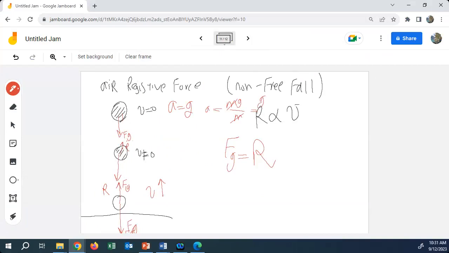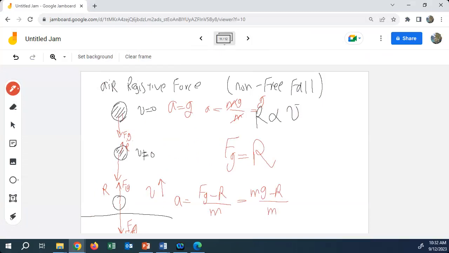But here, what is the net force? R minus Fg, yes? Or Fg minus R, it doesn't matter. Fg minus R divided by mass. What was the Fg? Fg was mg, so mg minus R divided by m.